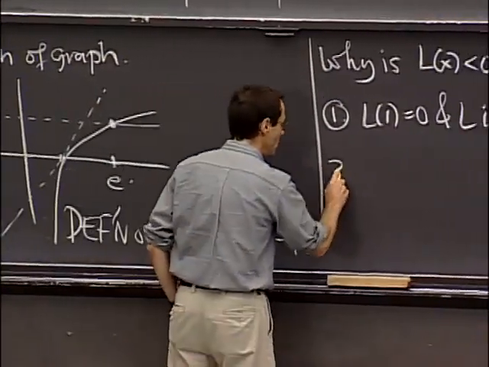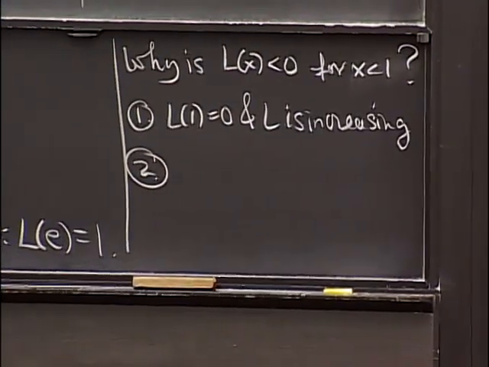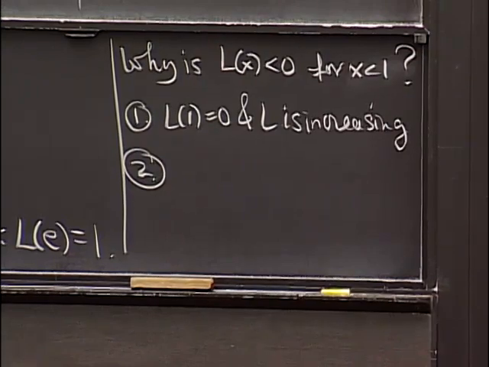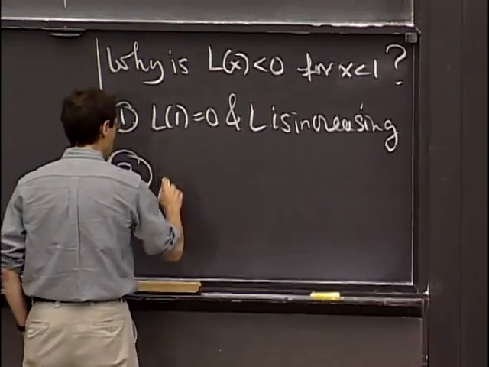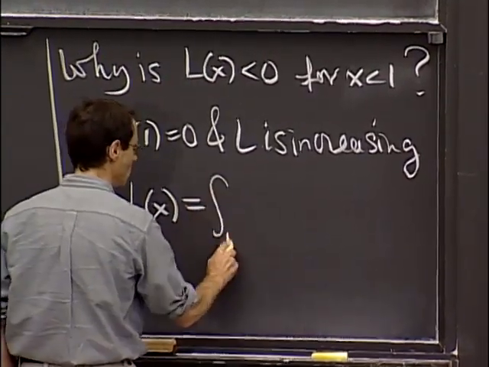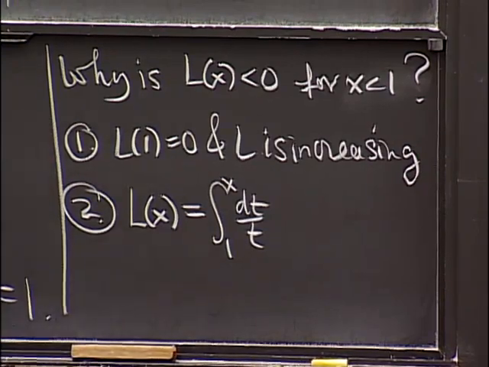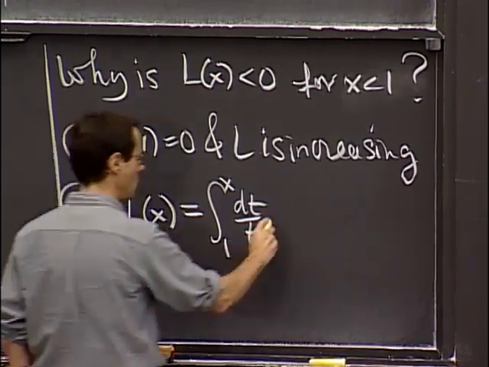There's a second way of seeing it, which is equally important, and it has to do with just manipulation of integrals. Here I'm going to start out with L of x and its definition, which is the integral from 1 to x of dt over t. And now I'm going to reverse the order of integration.